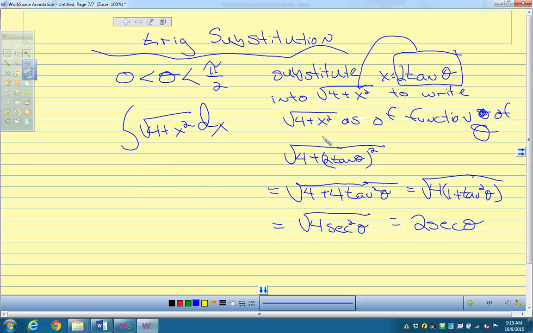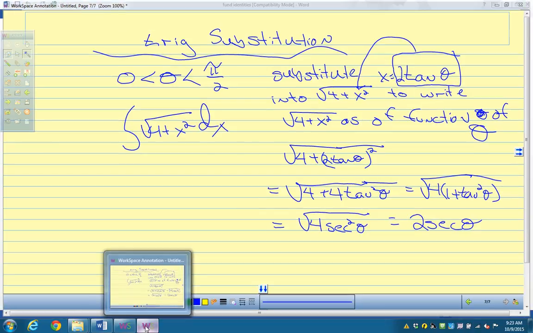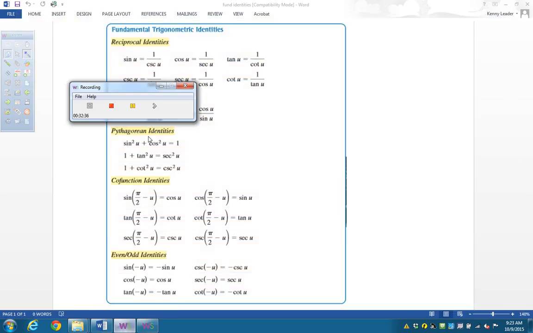So what they do is something called trig substitution, where they take a trig function and sub it in for something else, and this is very easy to integrate: 2 secant theta. So you change it, and then you do the integral. That's why you learn it here, because it's a calculus thing that they're setting you up to do. So that's about it, okay? So I'm done. I'm going to stop.